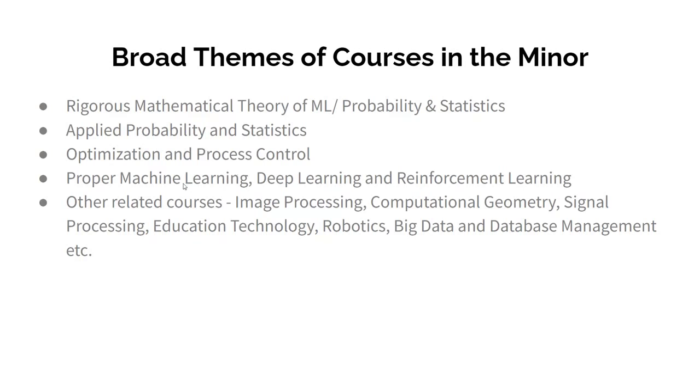Then you have proper ML, deep learning and reinforcement learning courses, and other complementary courses or directions like image processing, computational geometry, signal processing, educational technology, robotics, big data, etc. These make up the broad themes of the minor's elective offerings.